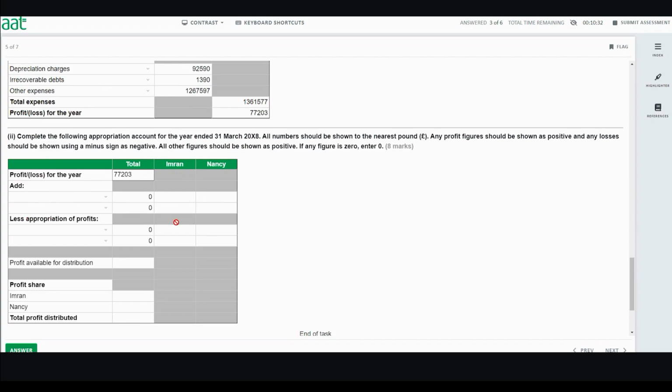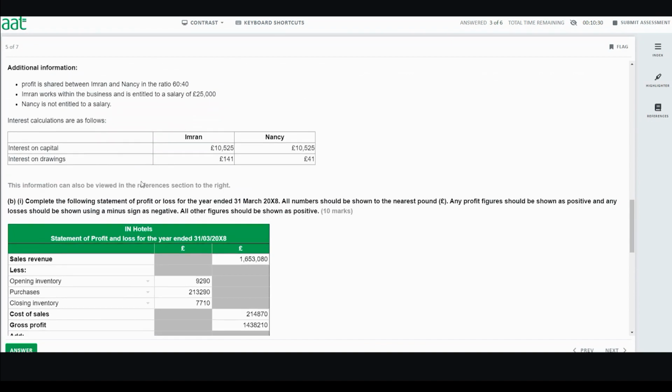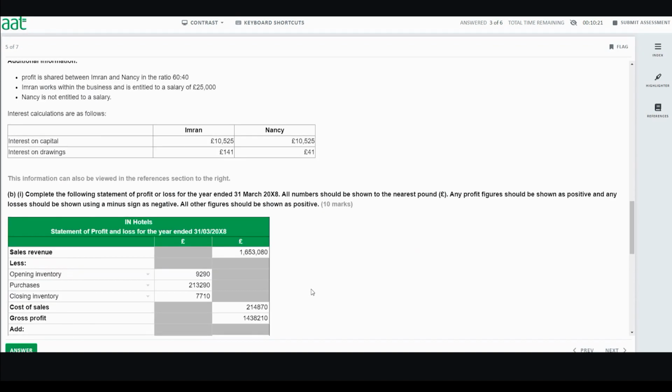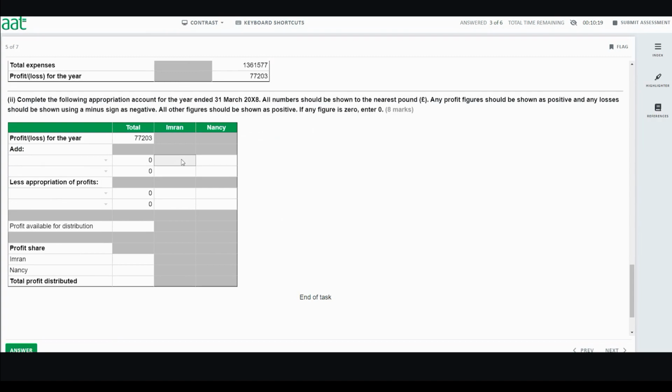So it says here that we have interest on drawings, Imran 141, and we've got Nancy of 41. So we've got 141 and 41, and that's interest charged on drawings. Okay, we've got no other interest that we're charging.